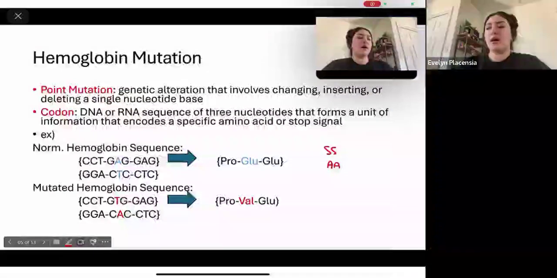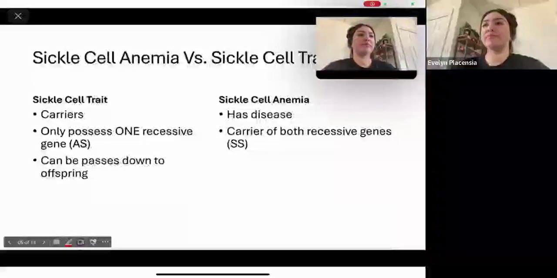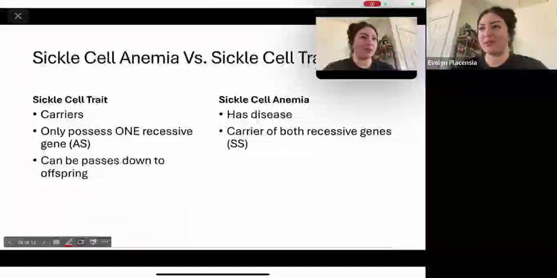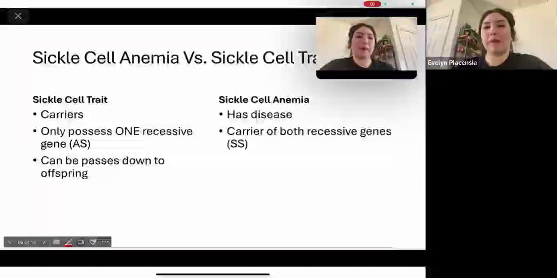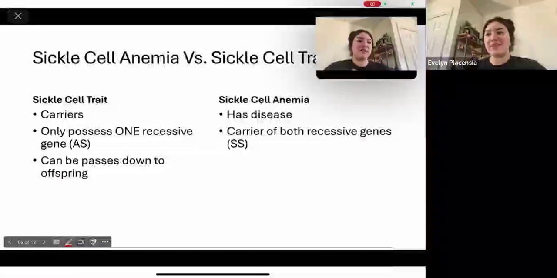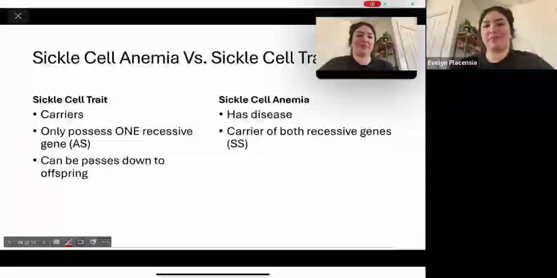Okay, let's move on. So briefly mentioned with sickle cell anemia. So what is the trait? You might be wondering, what are the downsides to sickle cell? Having sickle cell can actually be painful.